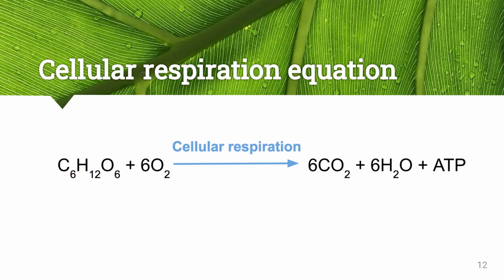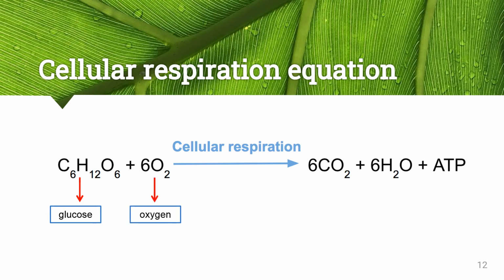Let us analyze the cellular respiration equation. We have C6H12O6 combines with 6O2, which will yield 6CO2 plus 6H2O plus ATP. Let us identify one by one the components of this equation. Let us first begin with the reactants. C6H12O6 stands for glucose, or the sugar.